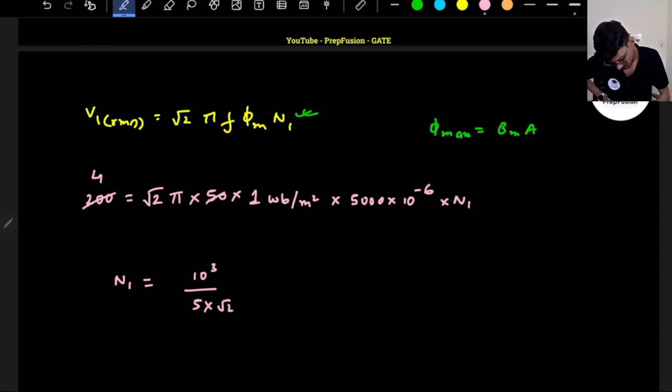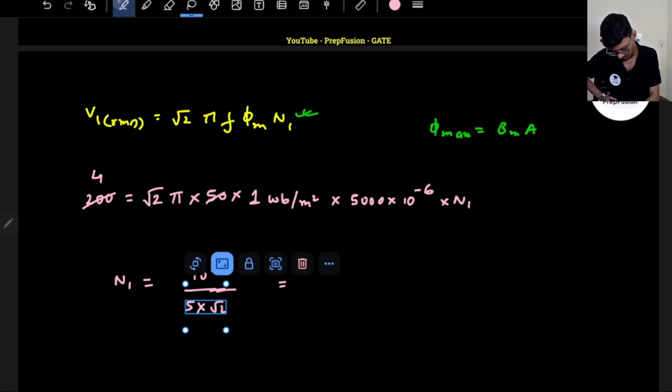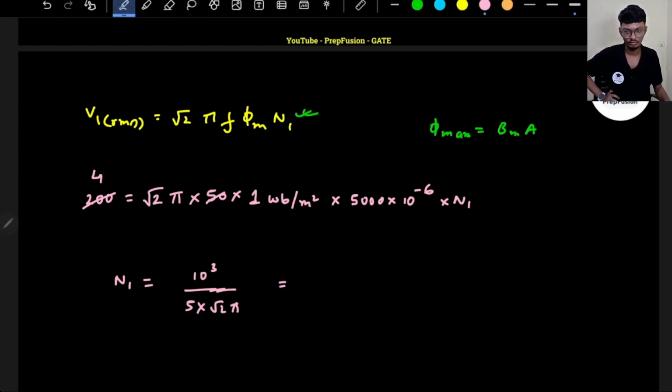So n1 will be equal to 10 cube divided by 5 divided by root 2. So this will be 100 root 2, that is 141. Oh sorry, there is also a pi here, don't forget the pi. So divide by pi as well. So this will be 45.01. Of course the number of turns cannot be fractional, so approximately it will be equal to 45.